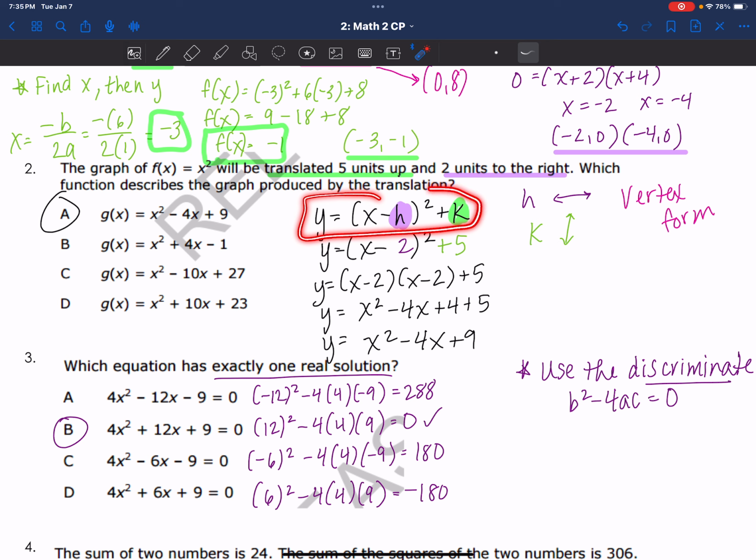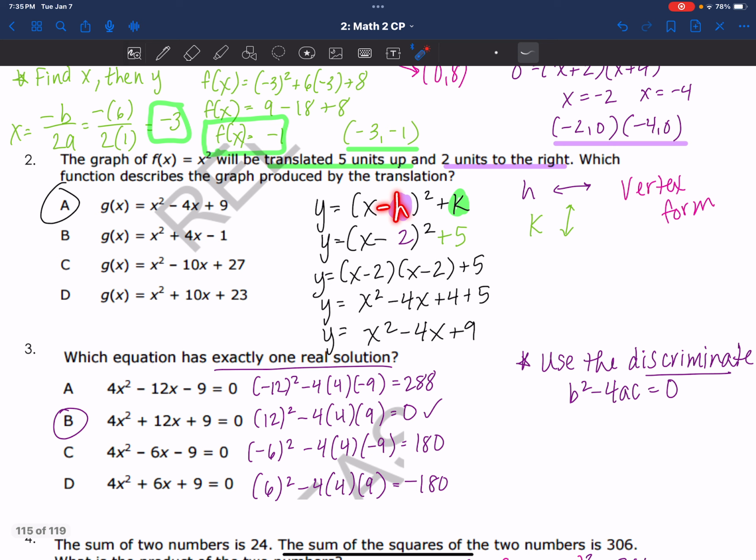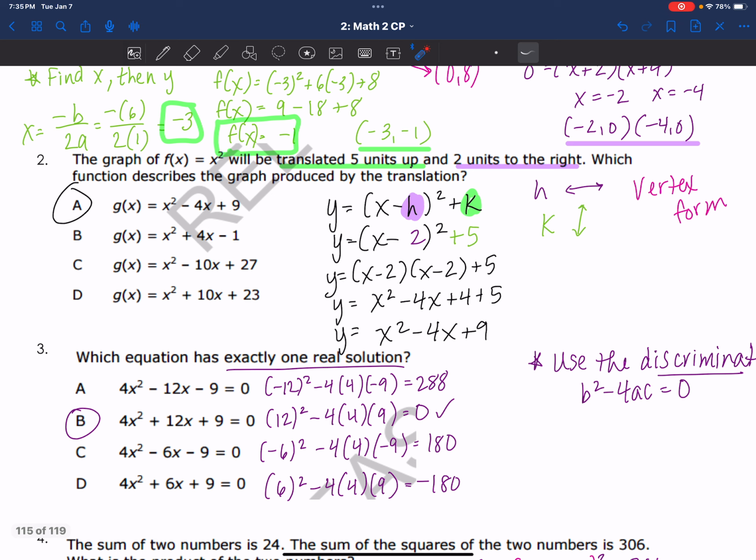So this is vertex form. It's x minus h squared plus k. And remember, your h is your horizontal, which is left or right, and the k is vertical, up or down.